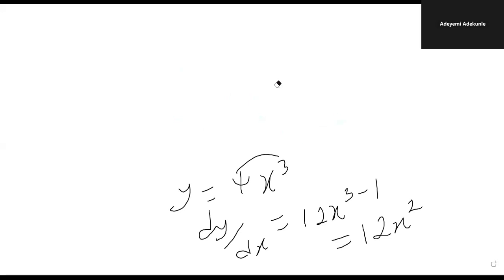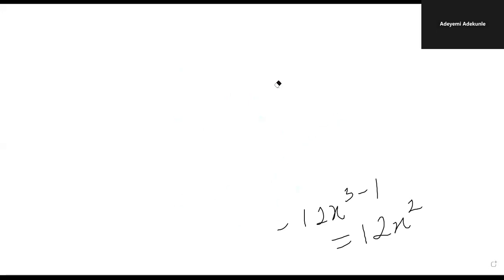So I will be continuing with that today, and I will be dealing with standard derivatives. By God's grace, I will be showing us how we get the standard derivatives.